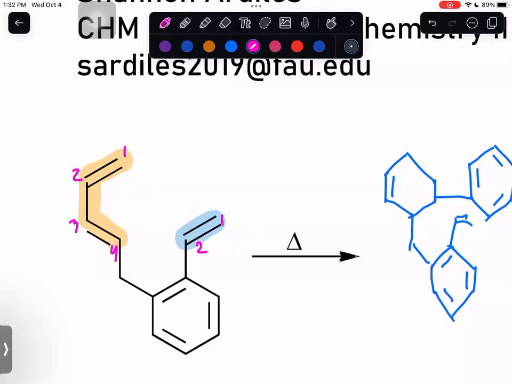We know that that's a diene, that's a dienophile. Diene has two pi bonds, dienophile has one pi bond. Di means two, ene means double bonds, two double bonds, and they all have to be conjugated. For the dienophile, the basic structure is just one double bond or one triple bond.